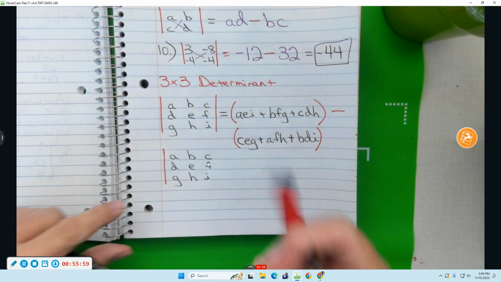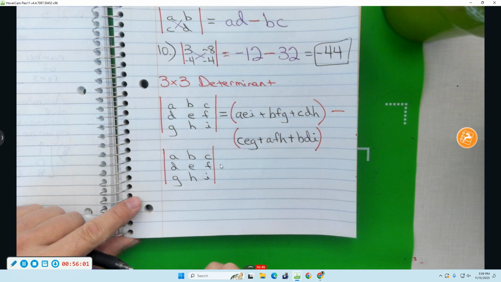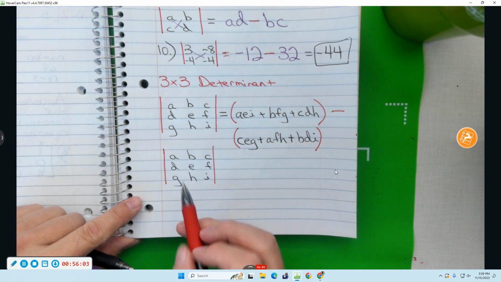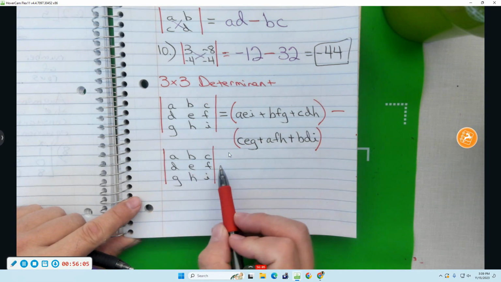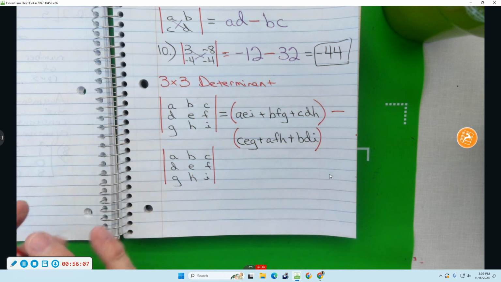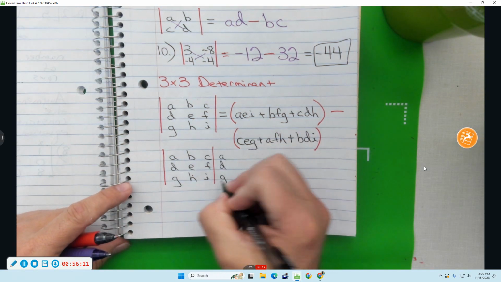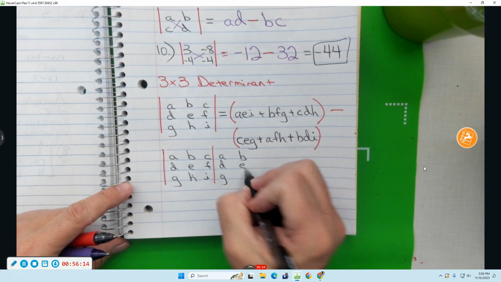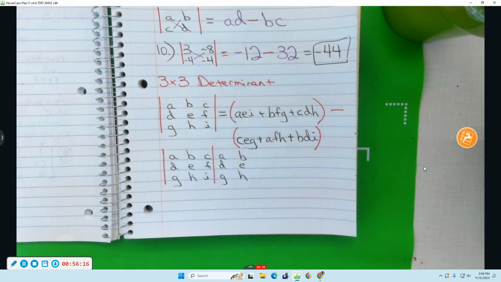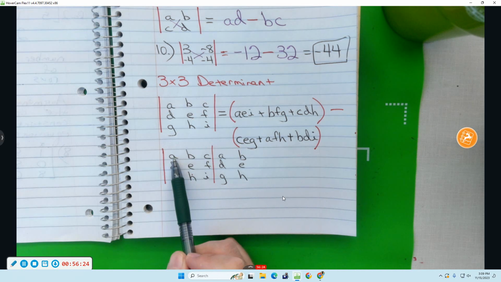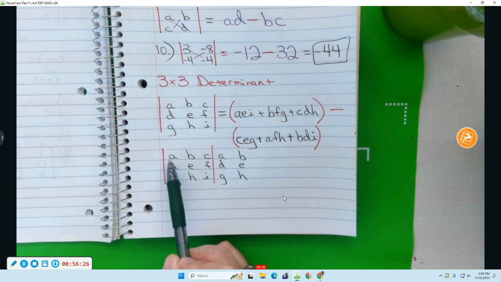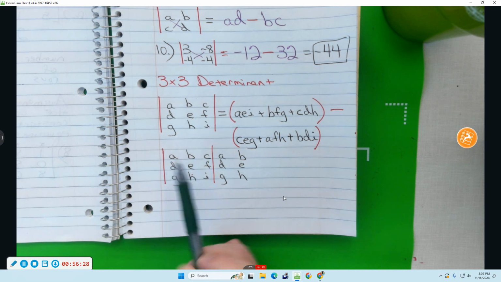So, when you run into a 3x3 matrix, the first thing you do is recopy the first two columns to the right of the matrix. That's an A, D, G and a B, E, H. And with the determinant, you always start in the A position, at that first number that's written.